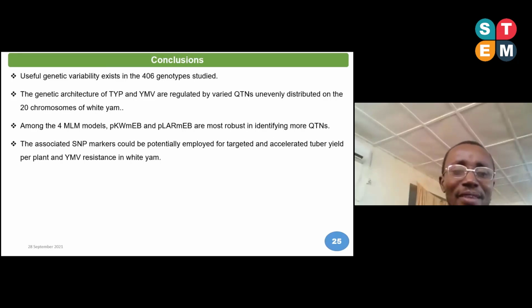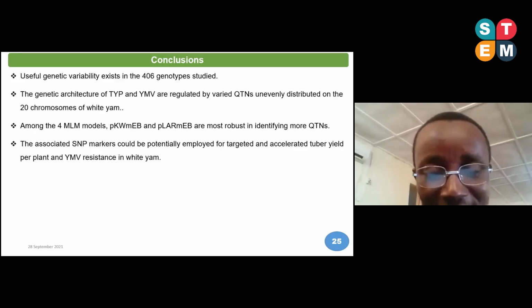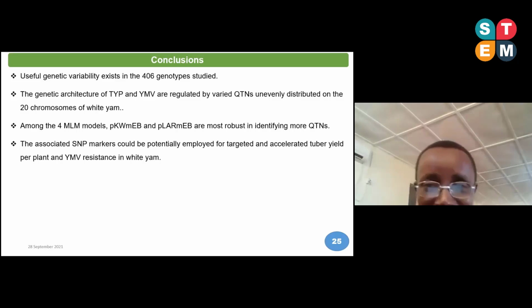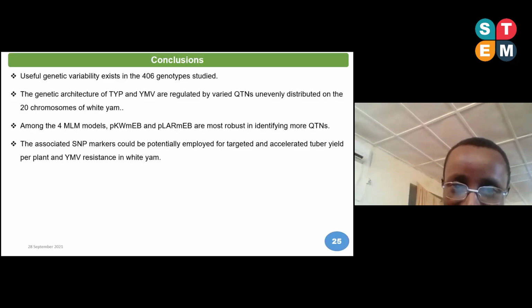Now, all those support the view that the multi-loci models are really useful in identifying QTNs and candidate genes in plants. That had been previously suggested or pointed out by Kari et al. 2020.